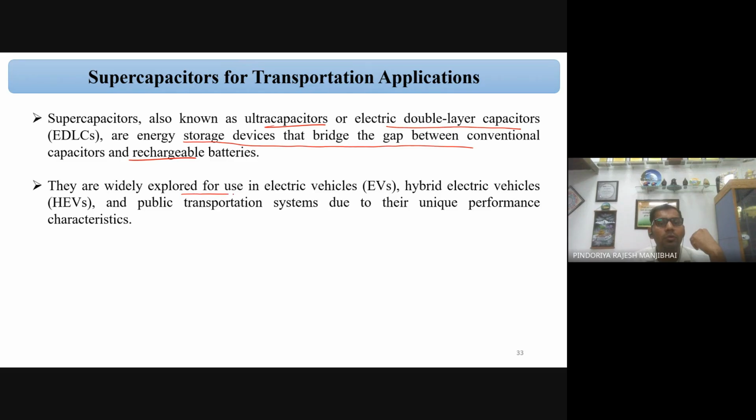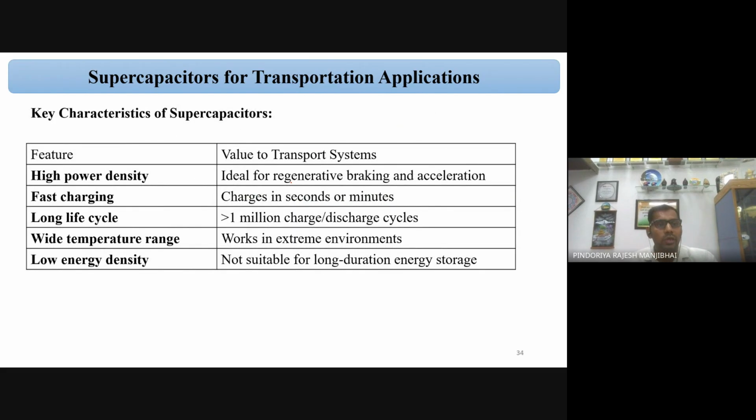They are widely explored for electric vehicles, hybrid electric vehicles, and public transportation systems due to their unique performance characteristics. So what are the characteristics? Key characteristics: high power density, ideal for regenerative braking and acceleration, fast charging, long life cycle, wide temperature range, and low energy density, so not suitable for long-duration energy storage.